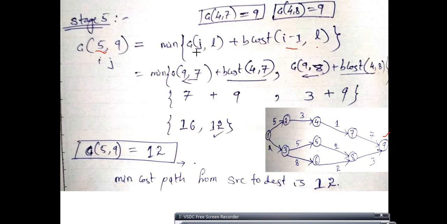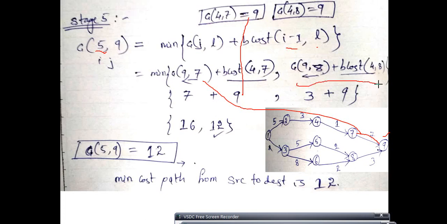Now 9, j's value is 9, and in degree of 9, L value. How many in degrees does 9 have? Only 1. So 7 you have to write here. And backward cost 4 comma 7. Previously I calculated 4 comma 7, how much? 9. Now 9 comma 8. What is this 9 comma 8?